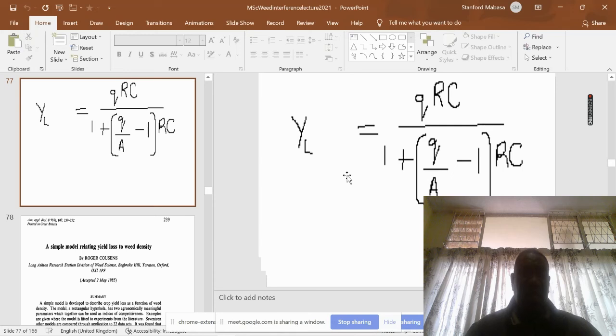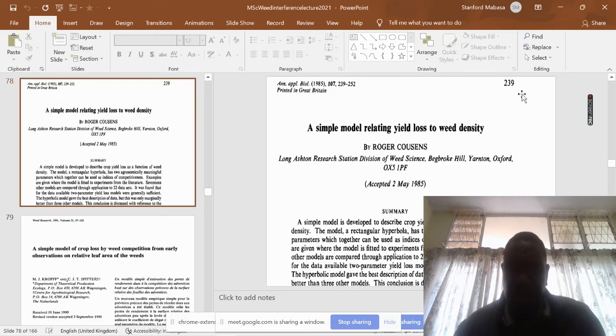So again, this is the equation: yield loss according to Croft and Spitters. Yield loss equals Q times relative cover divided by 1 plus, in brackets, Q over A minus 1, multiplied by RC. You may want to read the Cousens paper.